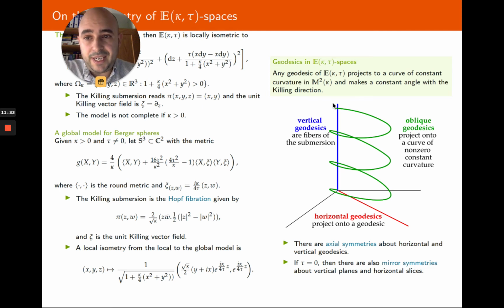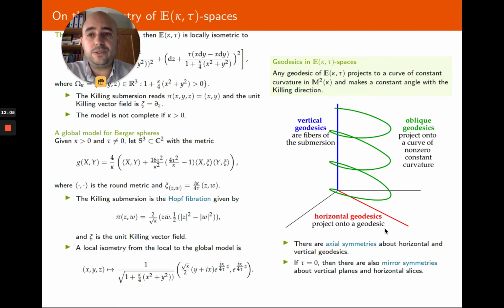It is very interesting to point out that there are axial symmetries in all kappa-tau spaces about any horizontal or vertical geodesic. This is one of the tools I needed in the Lawson's correspondence, as I explained before, and this is something that works in these spaces. If tau is equal to 0, then we also have vertical planes.